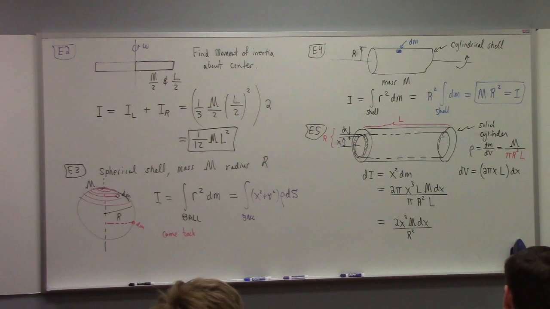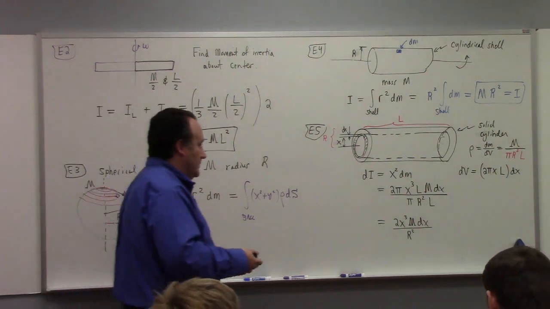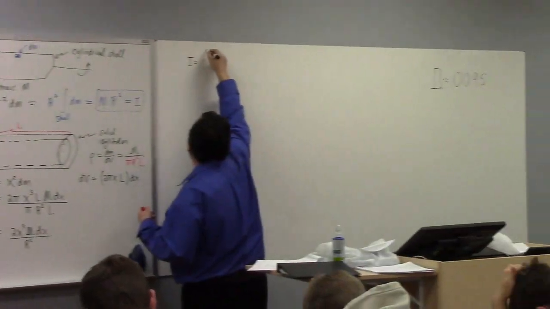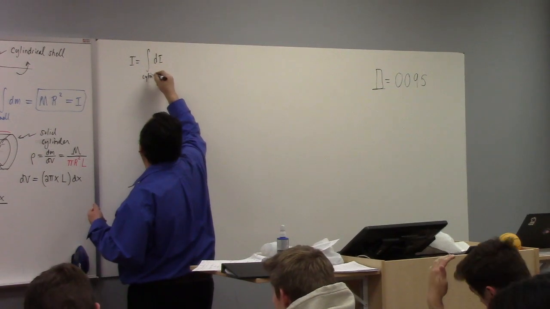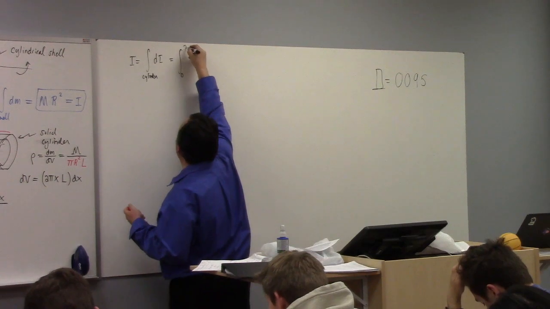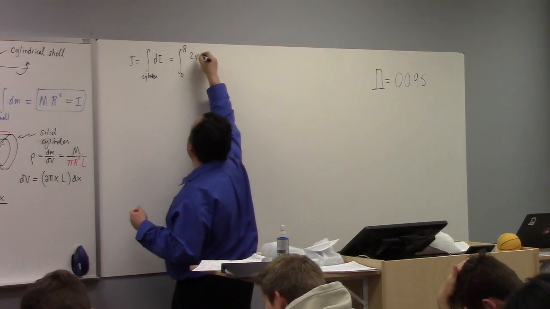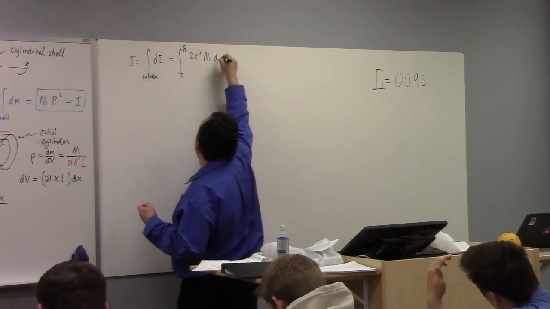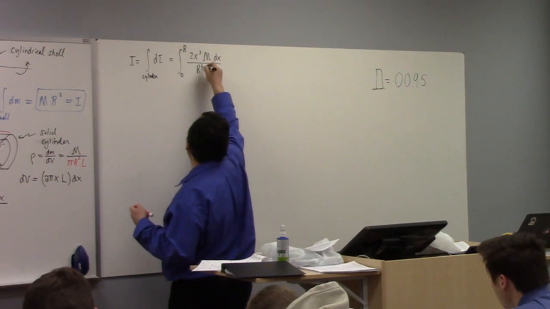Now to find the total inertia, what do we do? I add them all up, right? So I integrate. The total inertia is the integral of dI over the cylinder. What that means is you're going to integrate from 0 to r, because that's where x is going, from 0 to r, of 2x cubed m dx divided by r squared. That's a pretty easy integral, right?